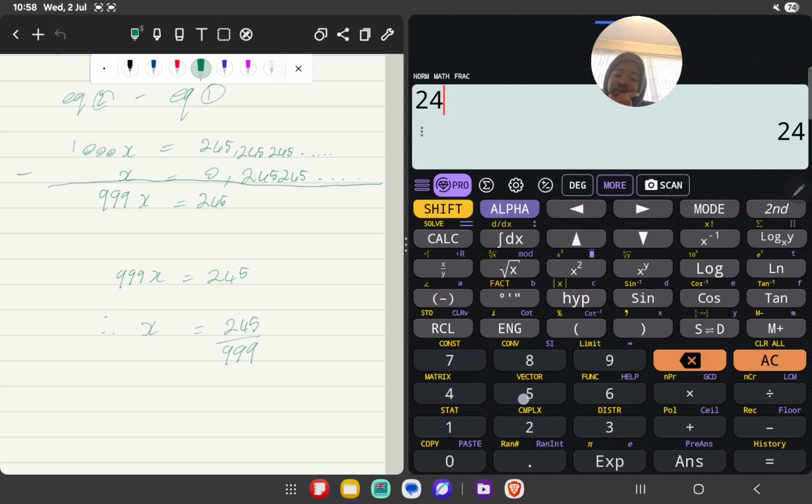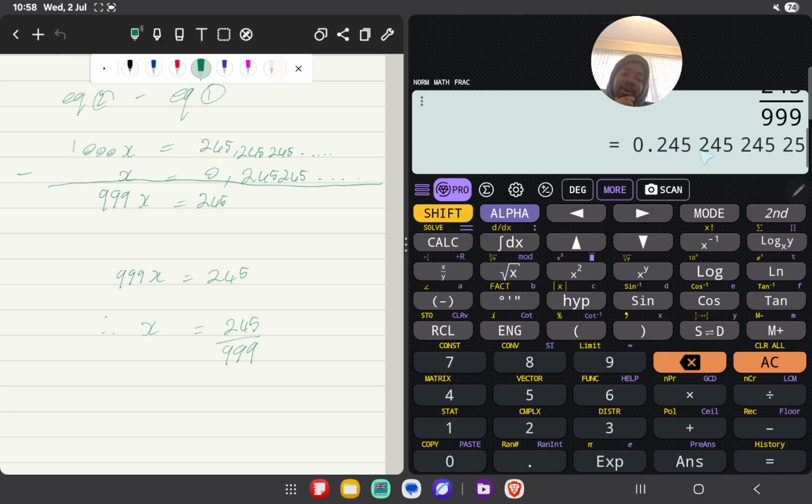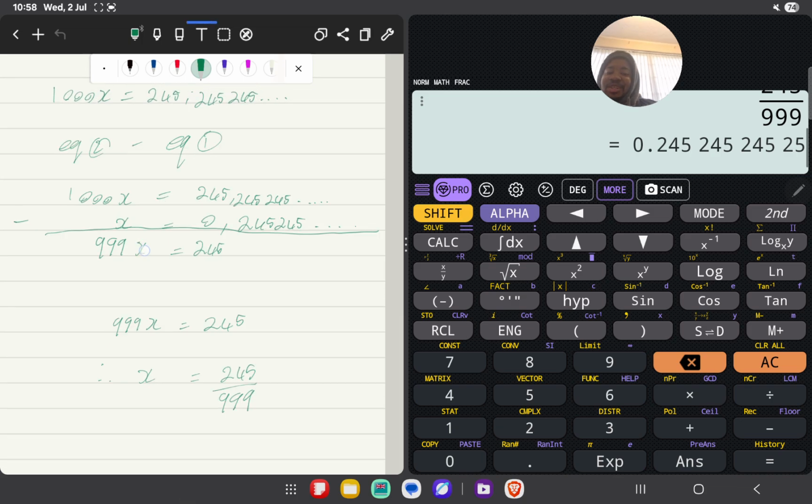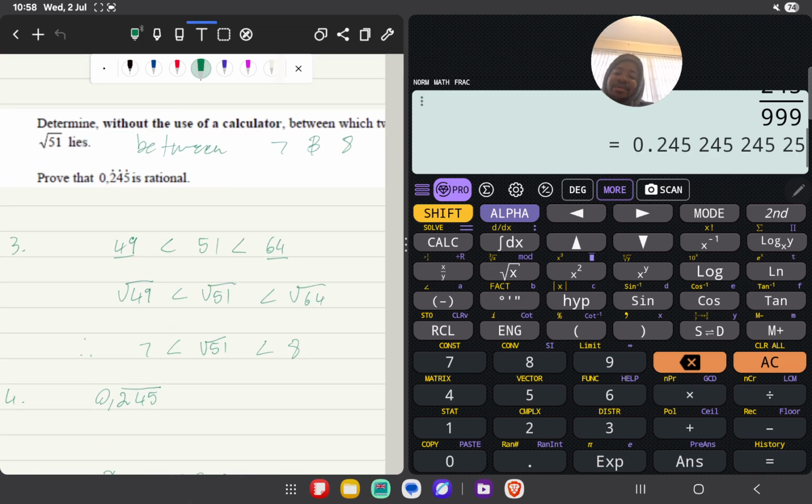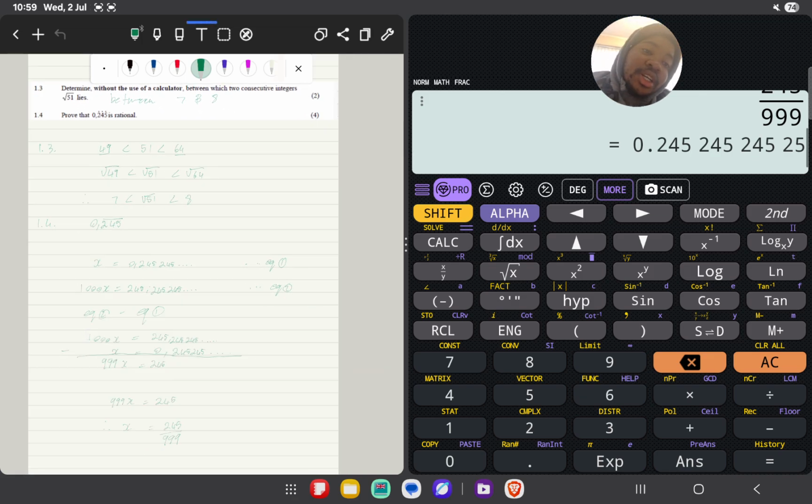But yeah, 245 divided by 999. Right, we look at the answer, 0.245 245 245 245. Right, so you see that these numbers, they're a repetition. So we did prove it is a rational number. We are happy. We have 100 over 100, and yeah, let's go to grade 11. Okay guys, I'll see you in the next video.